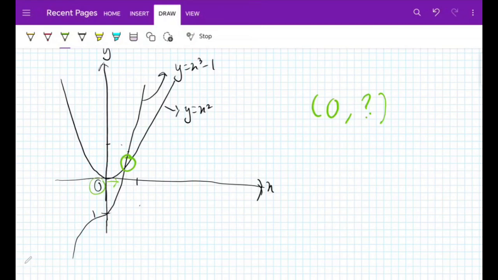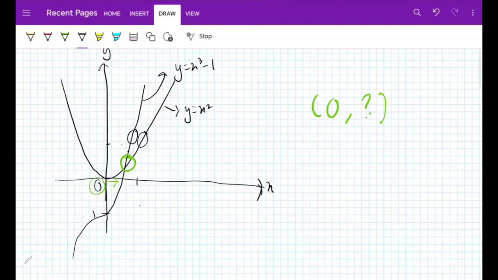After plotting the graph, we know that this part of the cubic function is much steeper than the quadratic function. So we need to use a trial and error method, where when we substitute an x value, the y value for the cubic graph is much higher than the y value for the quadratic graph.